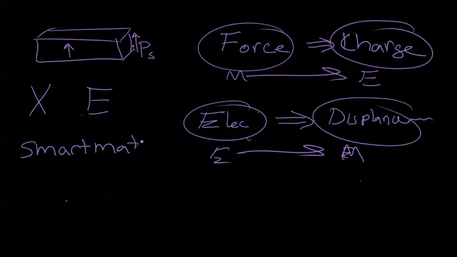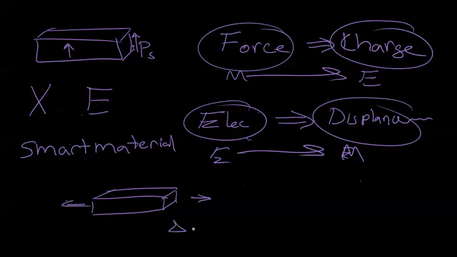This is because there is a coupling between the electrical and mechanical material properties. Normally, for example, a so-called dumb material property would be thermal expansion. We have a material, and we know that typically when you heat materials up, they expand, right? They expand if you increase the temperature.